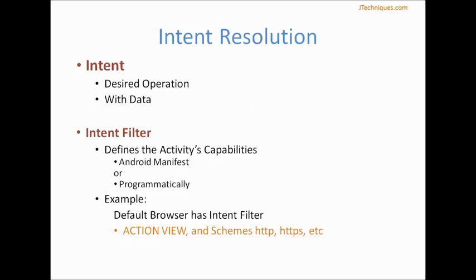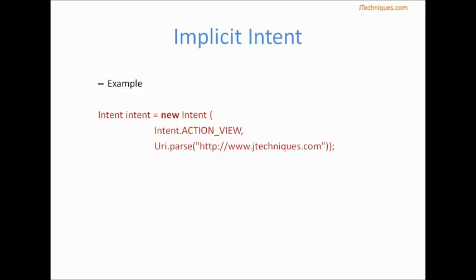For example, the default browser in our phone has an intent filter that says it can perform a view action of type HTTP, HTTPS and so on. This is an example creating an intent, providing the action view as action, and the data is a URL.